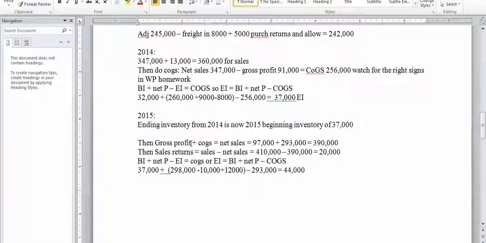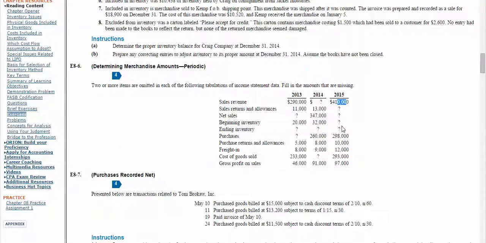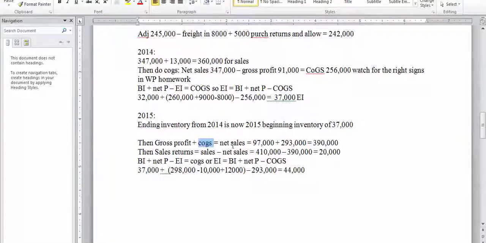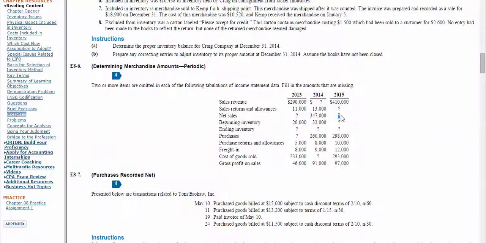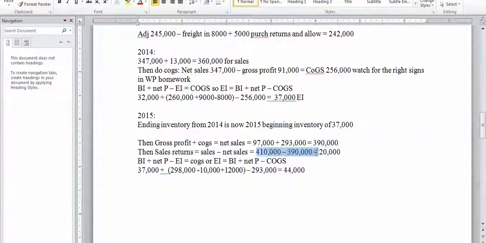If we take the gross profit plus the cost of goods sold, we get the net sales, because net sales minus cost of goods sold gives us gross profit. That means we can go the opposite way, add these two together, and get the net sales. So we get the net sales being 390. If we know that 410 minus X equals 390, this has to be 20,000.